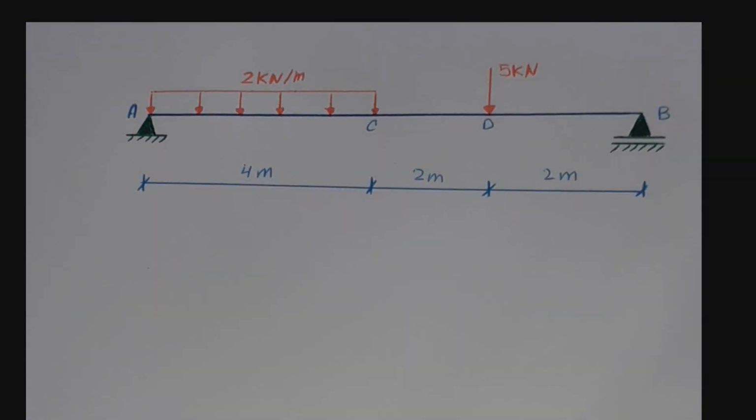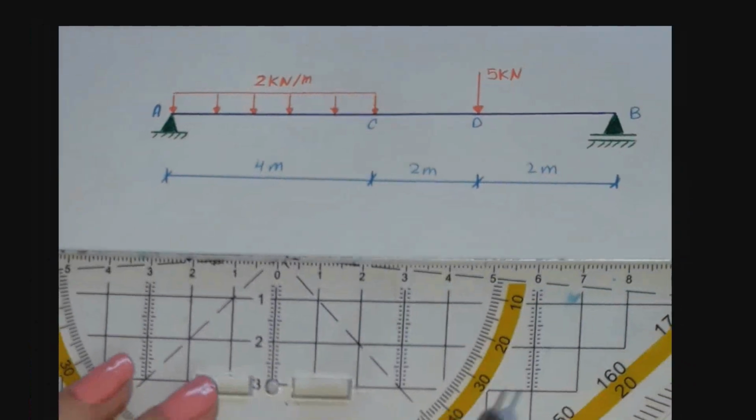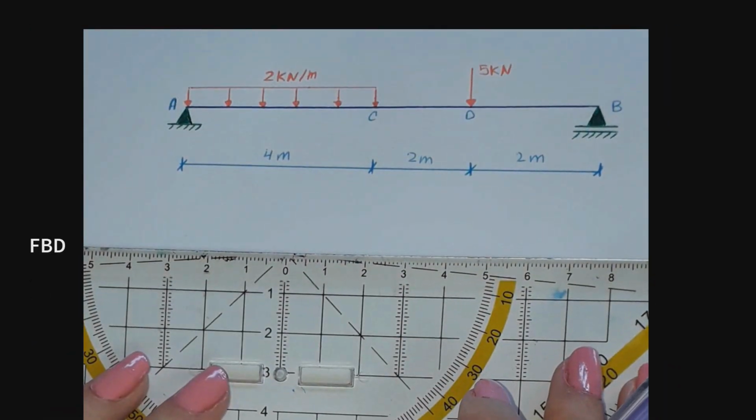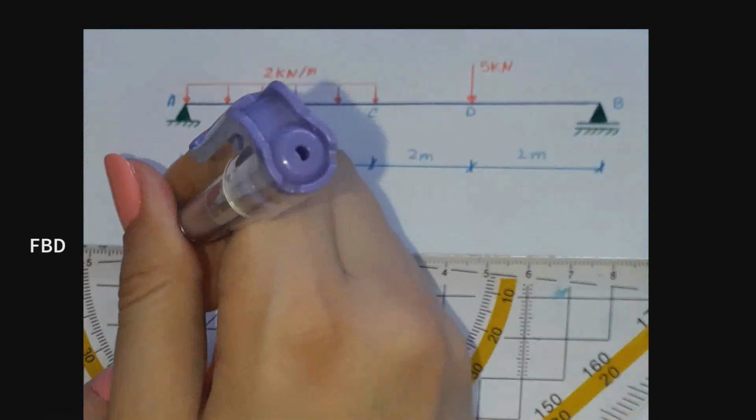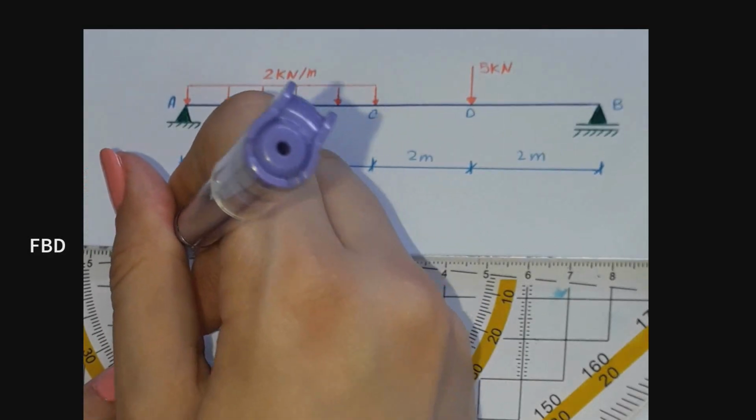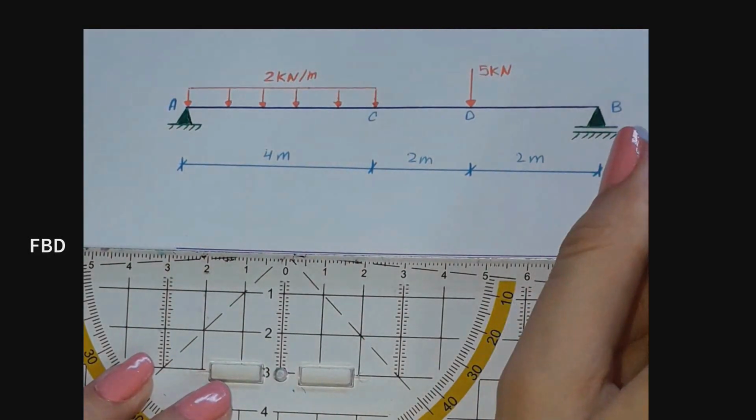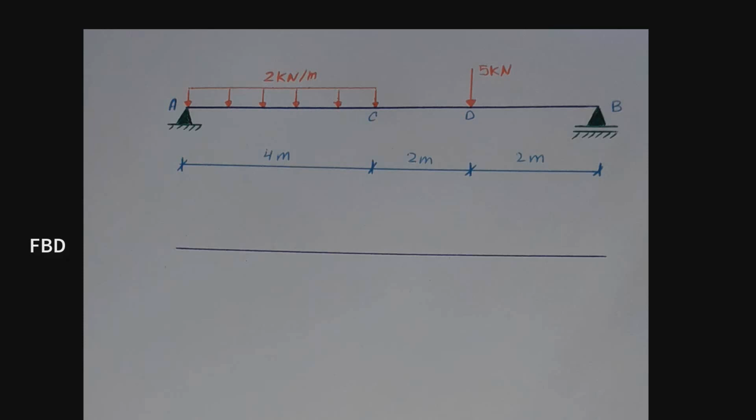So the first step we will do is to draw the free body diagram. As we learned, we have to draw the beam, locate the external loads and determine the support reactions.